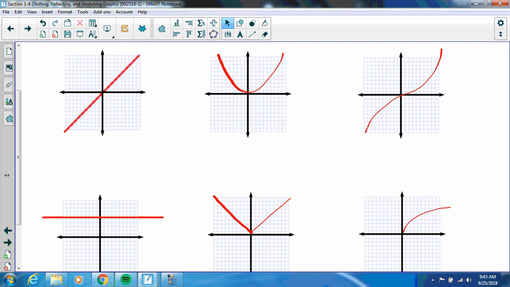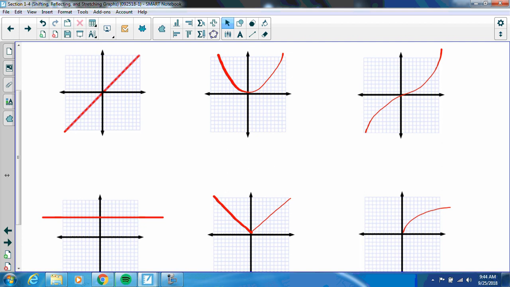Kelly. It is a function because it passes the.